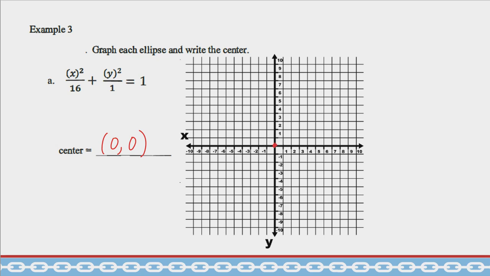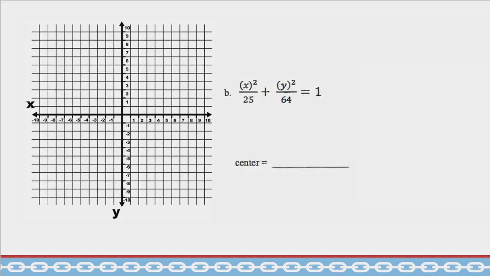I have an x radius of 4 and a y radius of 1. This one's going to be fairly unpleasant to draw to try to make it rounded. I did not do a very good job there. But again, when we're drawing these, just make an effort so that they are not diamonds. Do your best to make an ellipse.